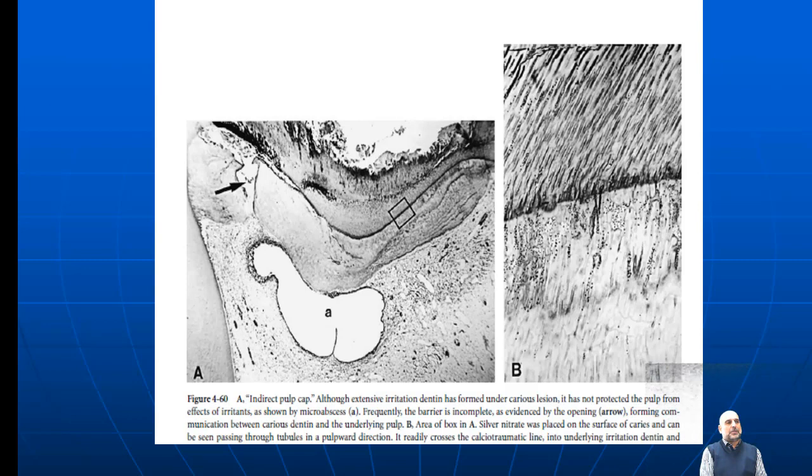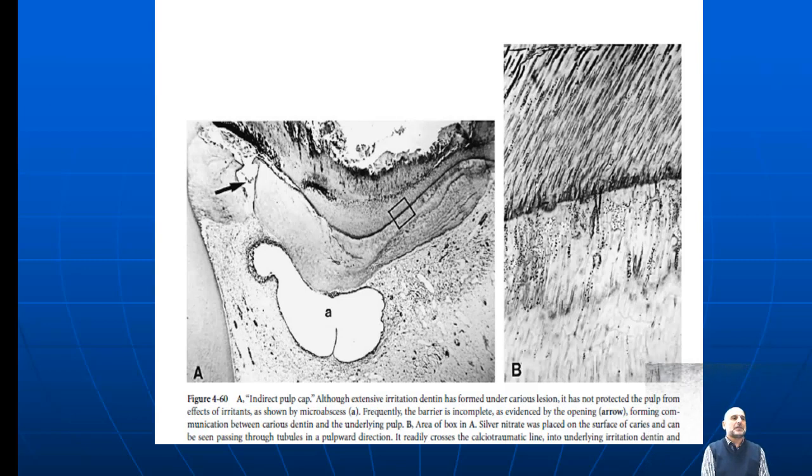Sometimes, although there is a dentinal bridge and barrier formed between the cavity and pulp, the pulp reaction tends to be inflamed. Why inflamed? Because some microorganisms can penetrate through the dentinal bridge, as we show in the figure on the right side, and reach the pulp and cause inflammation.